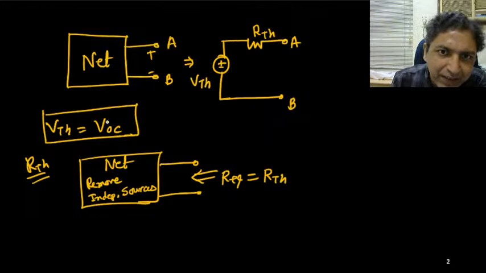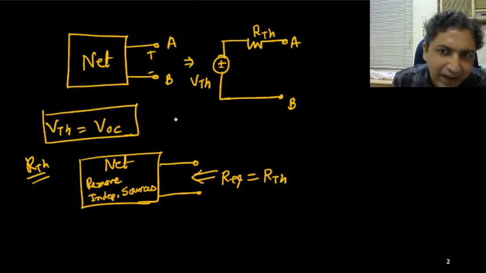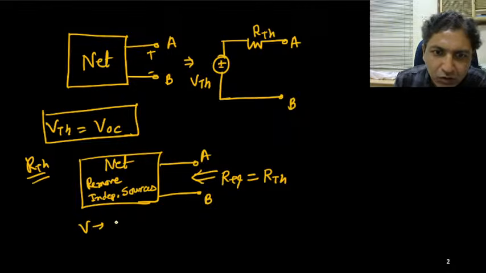So VTH is the open circuit voltage at the terminal and RTH is the equivalent resistance looking from the same terminals A and B just after removing independent sources. So voltage source shorted and current source open circuit.